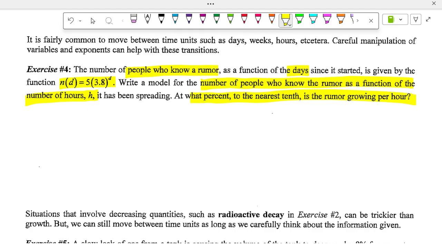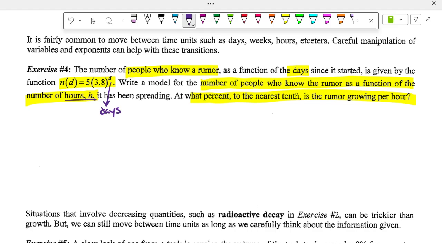So we got this function right here, but it's written in terms of days. We now want to rewrite this function in terms of hours. All right. So here's my question. Which is bigger, days or hours? Days. All right.